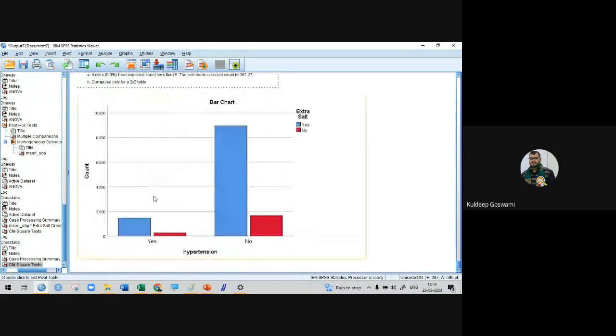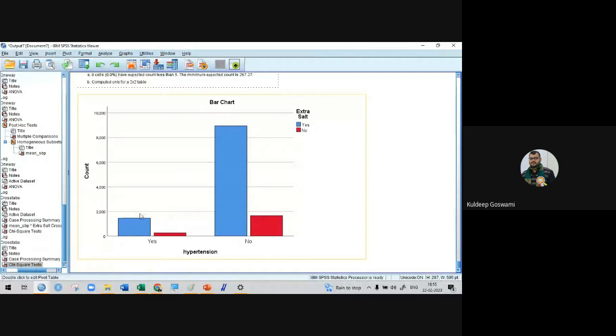In the bar chart, hypertension yes, but blue refers to yes, red refers to no. The x-axis refers to hypertension and the y-axis refers to count. The first two bars show the hypertensive patients, and the second two bars show non-hypertensive patients.